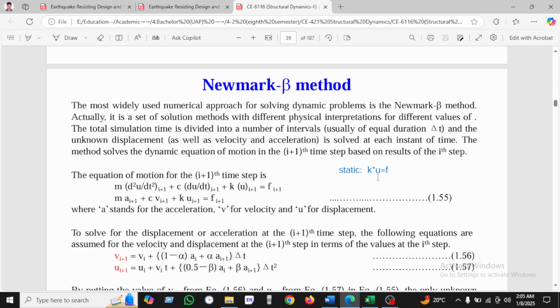So we know the static equation K U equals F. K is stiffness and U is displacement, so force equals stiffness into displacement.